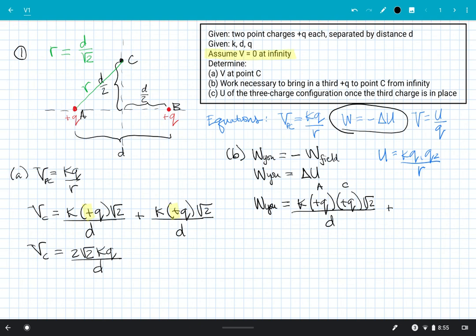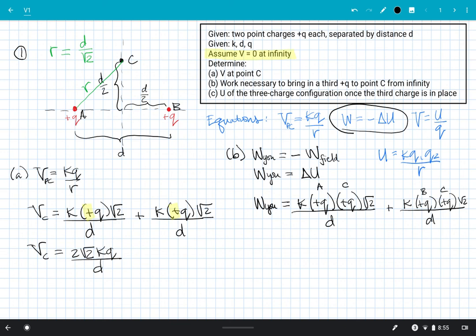We're bringing that new particle into C. It's going to interact with particle A. We've got that energy. It's also going to interact with particle B, and we need to figure out what that energy is too, because the symmetry is going to look the same, and all the particles are the same. So this is a nice simple case. D over root 2 as well. And now we're considering particles B and C here.